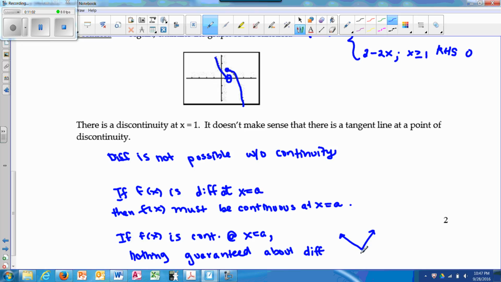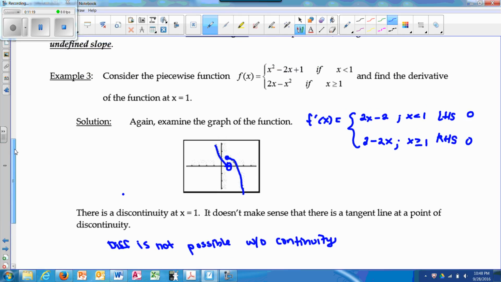For example, our absolute value function, continuous for all real numbers, not differentiable at the vertex. So differentiability guarantees continuity, but continuity by itself does not guarantee differentiability.